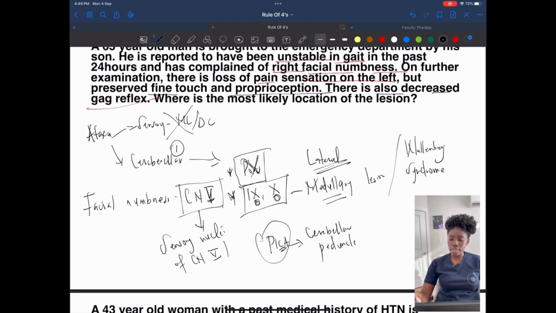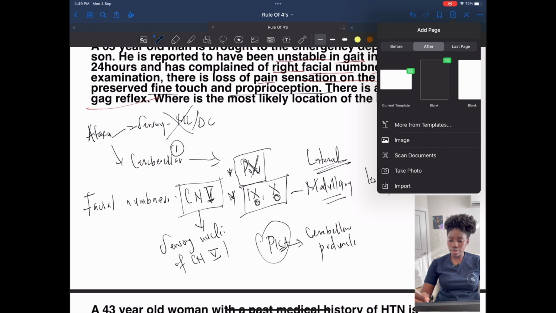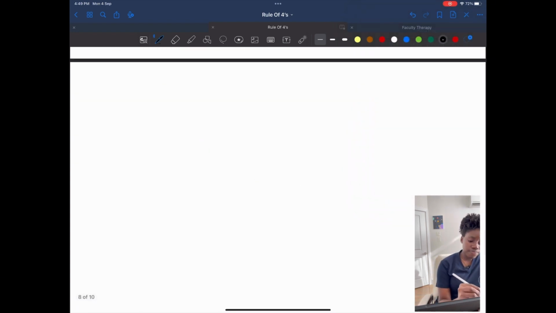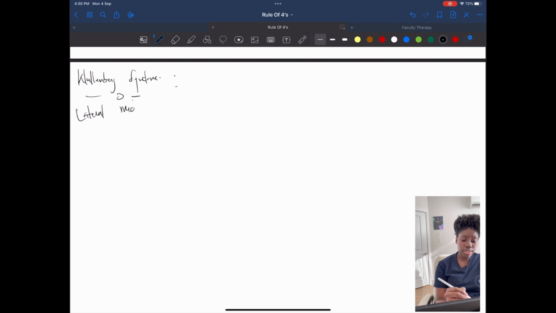What you can see, in Wallenberg syndrome, the things that are affected are, again, this is lateral medulla. So things that could be affected here, things that are on the side.